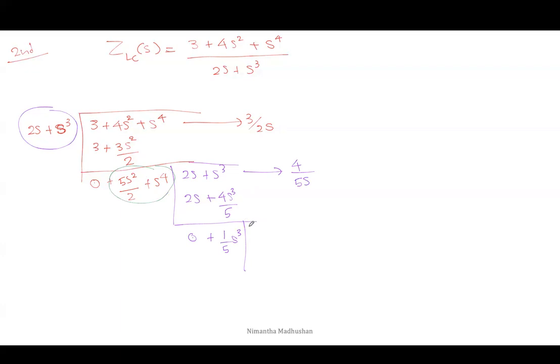This term, 5s squared over 2 plus s to the power 4, 25 over 2s, 5s squared over 2, 0 plus s to the power 4. This one 1 over 5 s to the power 3.